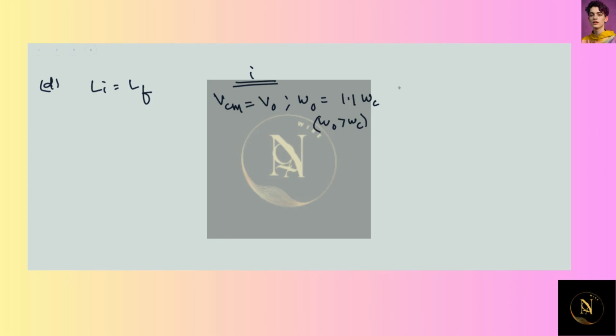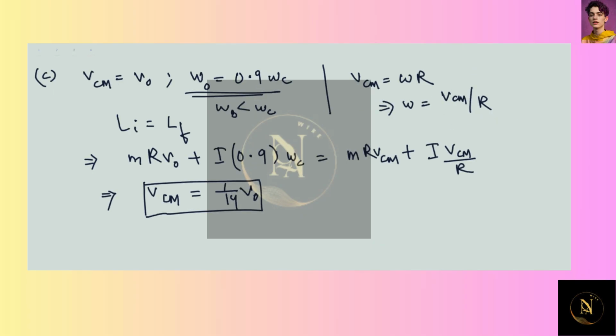So that's for the initial motion, and for the final motion, again the ball is rolling, so we have omega equal to velocity of center of mass over r, the same relation that we used here.